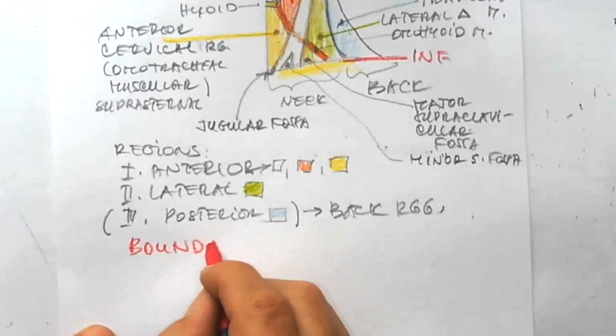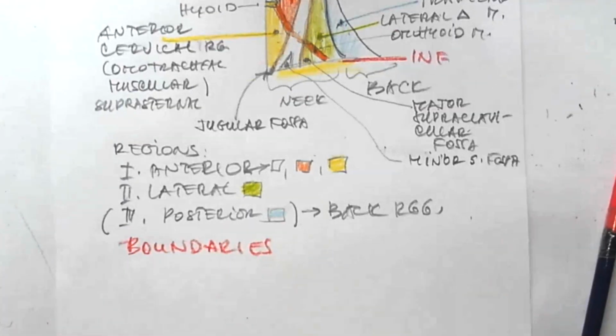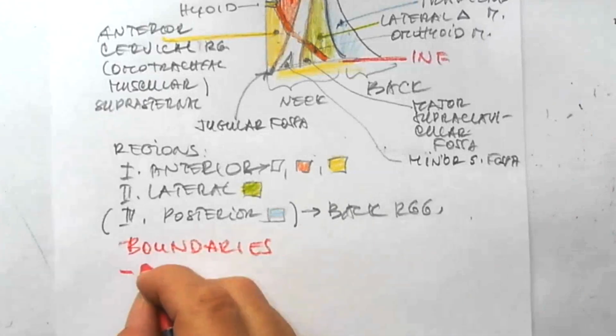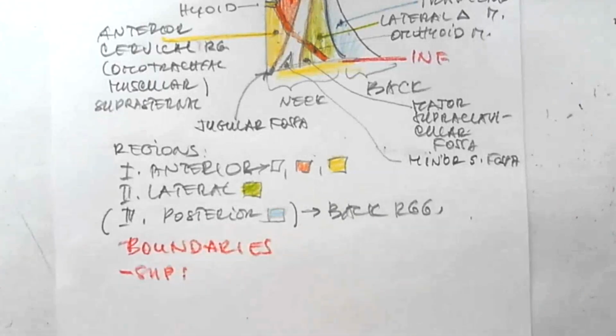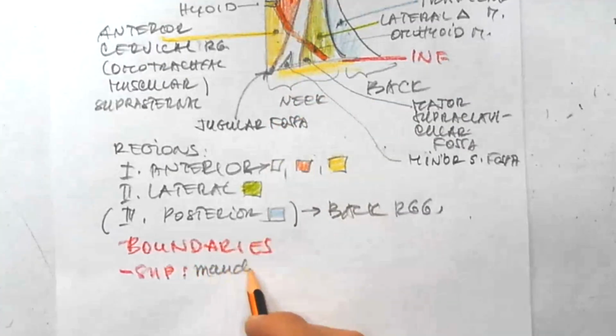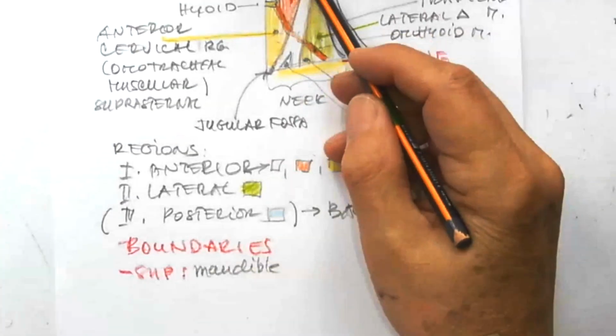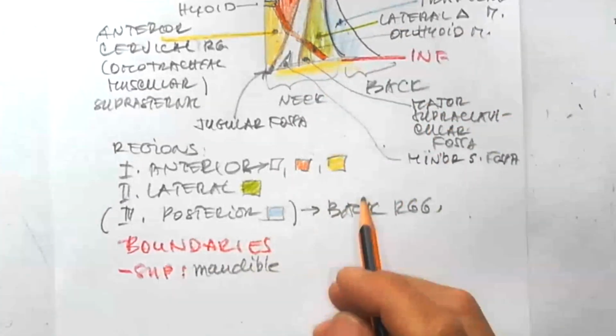or lines separating, defining the neck. The superior boundary is easy to remember because this is in fact the mandible. Just quickly, mandible. Simply, the superior boundary separates the neck from the head.